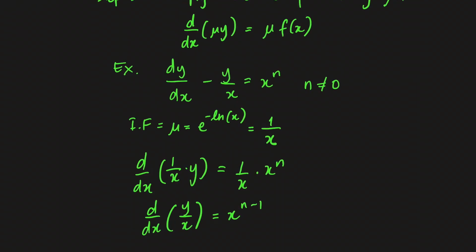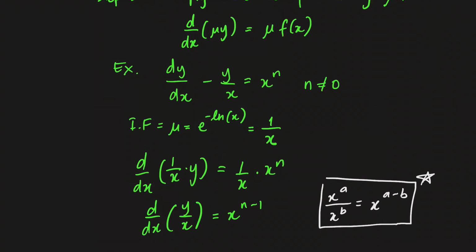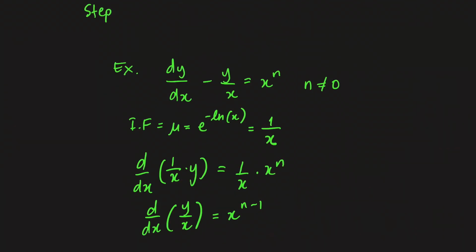We know that x to the power of a over x to the power of b is equal to x to the power of a minus b. You always have to remember this, and this is what we applied to find x to the power of n minus 1. Step 4, we will need to integrate both sides and solve for y.